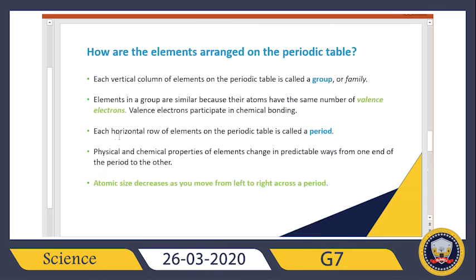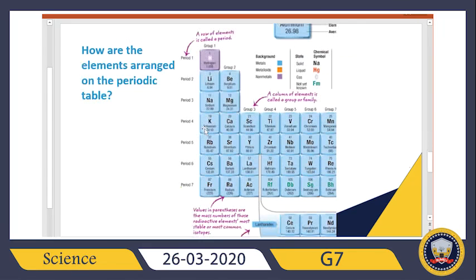So what else? Each horizontal row on the periodic table is called a period. We have 7 periods on the periodic table, and each row is considered one period. So if I say I am talking about an element on period 2 group 1, I am talking about lithium.